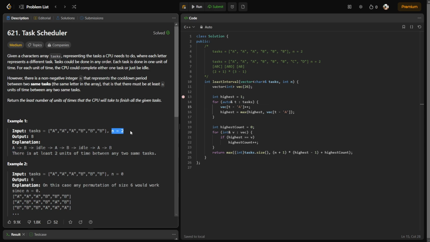Since n is 2 here, it'll be A, skip, skip, and then A again, skip, skip, and A. It doesn't matter what it does in between, it just cannot be A. Same for B: B, skip, skip, B. If n were 3, for example, it will look something like A, B, idle, and then another A. We have to skip 3 times before we can execute another A, and in between those skips you can obviously do something else.